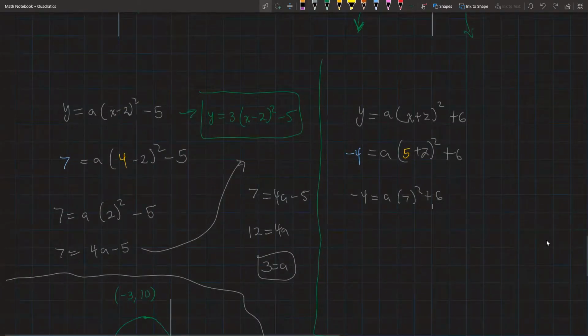So therefore we know that negative 4, whoops, let's redo that. We want to undo this plus 6. How do we undo adding 6? By subtracting 6. So be very careful, check your own work. Negative 4 minus 6 is negative 10.